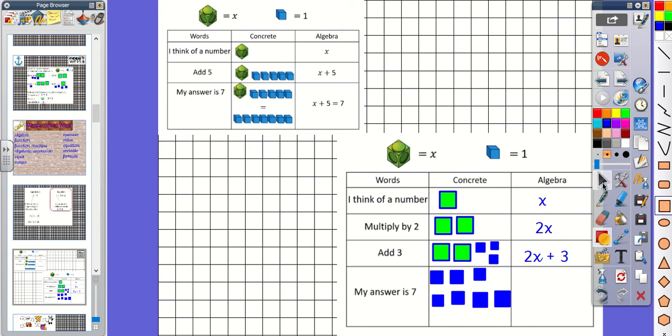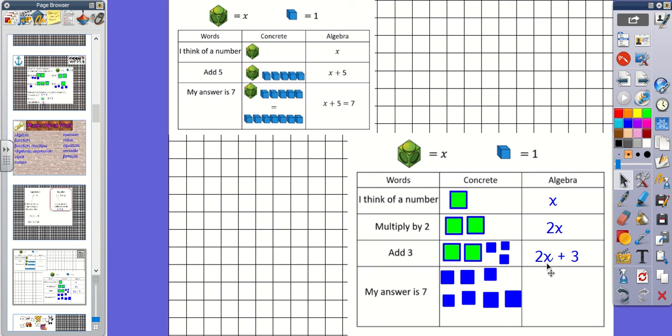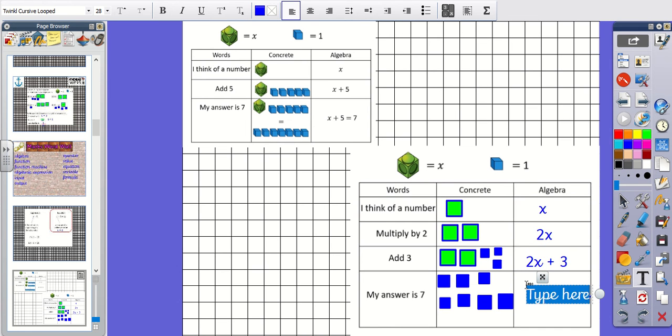Now, we already know then that we've got 3 ones and we've got 2x. So to write that all together, it would be 2x add 3 equals 7. So that was what the algebra would look like there. Okay?